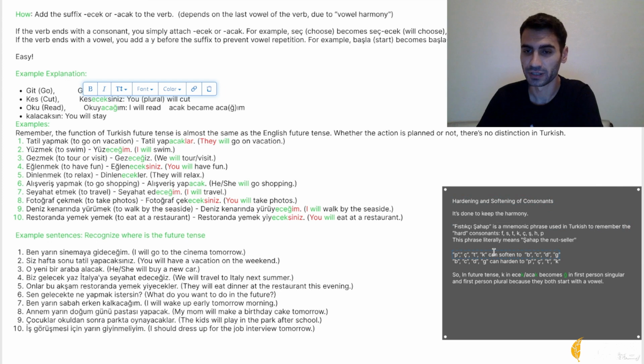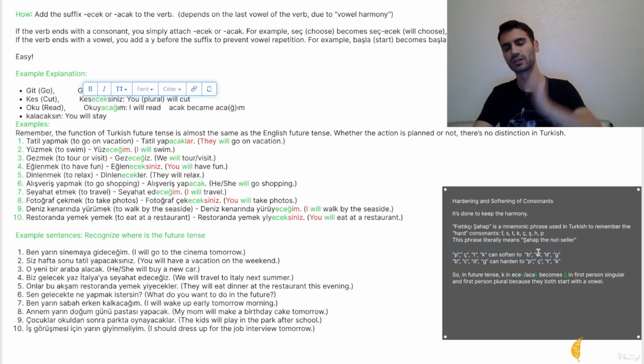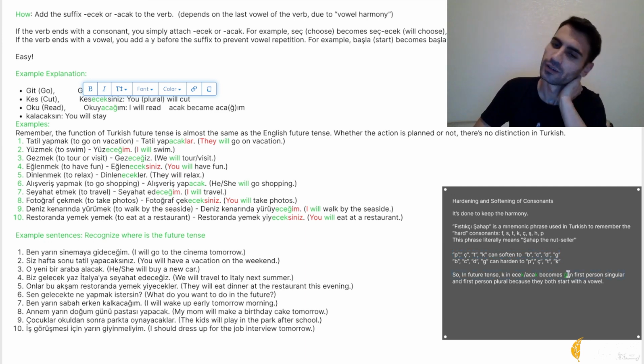There is P, Ç, T, K, which are hard, can be soft like B, C, D, G. You hear softer. How soft are they? And also the way they are written somehow looks softer, or it's just me.